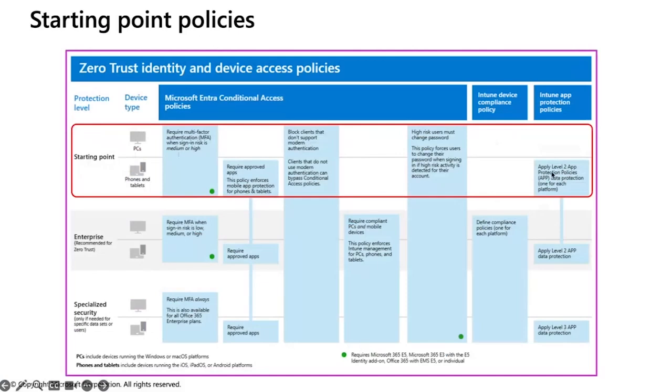And if you want to achieve application level 2, you have to ask your device management team to implement app protection policy level 2, and then you can use this in your conditional access. So your Intune management team will be enabling this level 2 application protection in your organization.